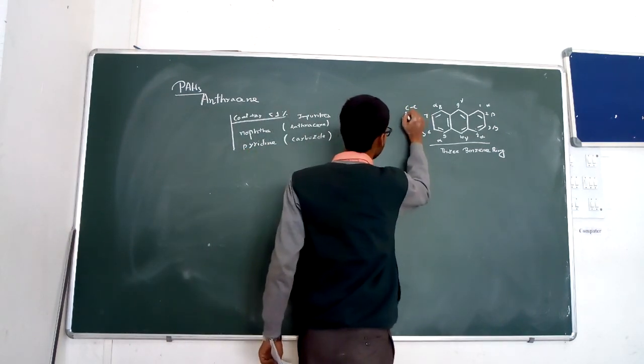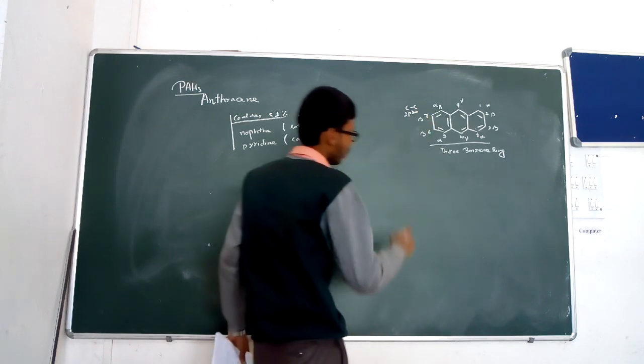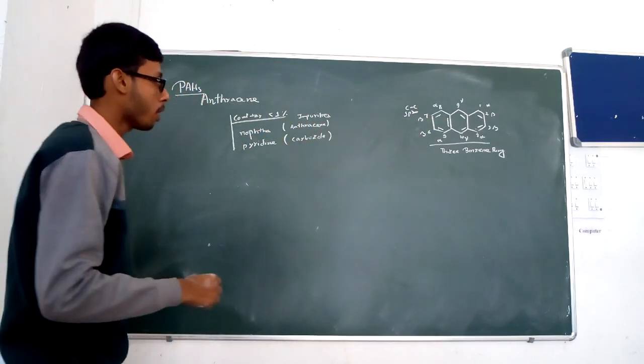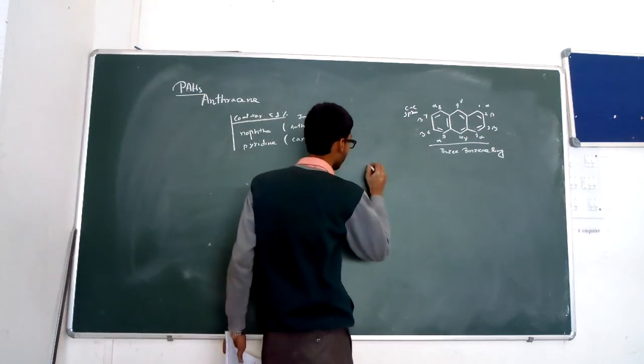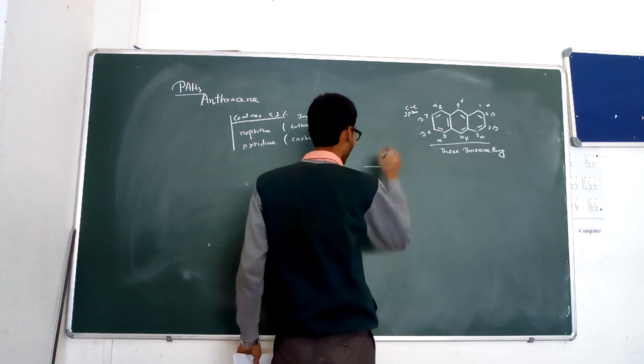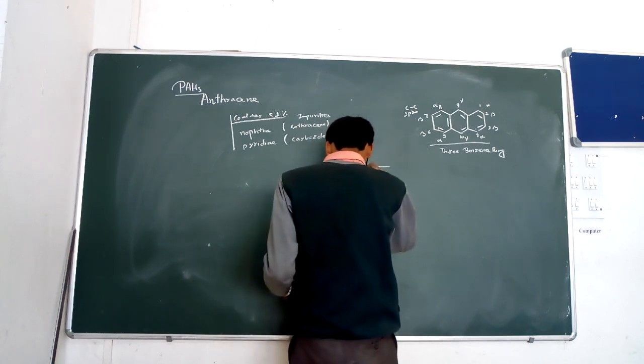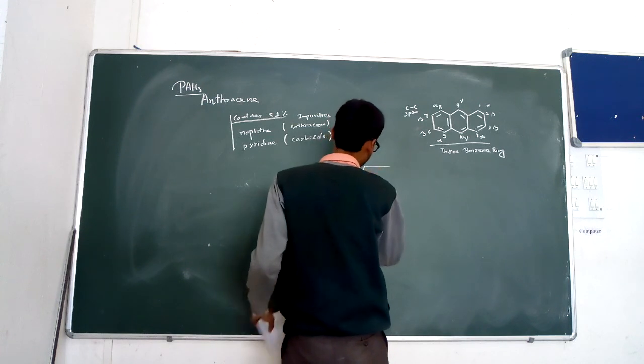All carbon atoms are sp2 hybridized, and each carbon atom has an unhybridized p orbital, which forms the pi molecular orbital.